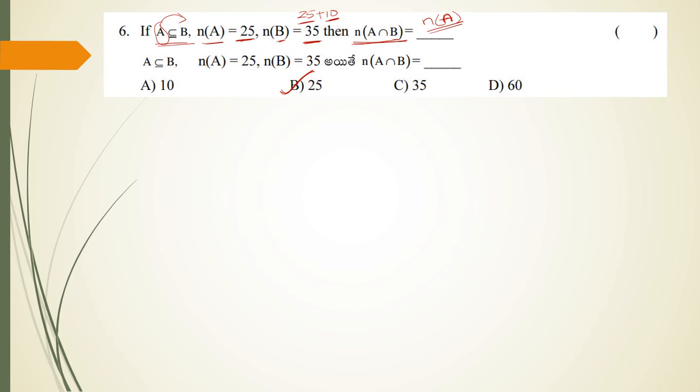Suppose we ask about N of A union B, and the same condition is given, A subset of B, then its answer will be equal to N of B, which is nothing but 35, right? So if union is asked, you need to consider N of B, that is the biggest set, whereas if we ask about intersection, you need to take the smallest set, right?